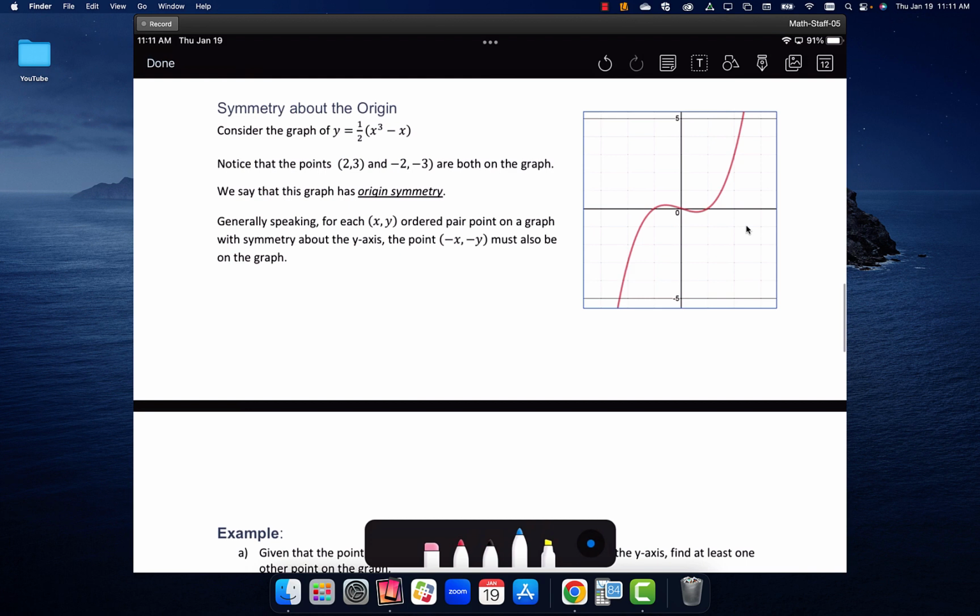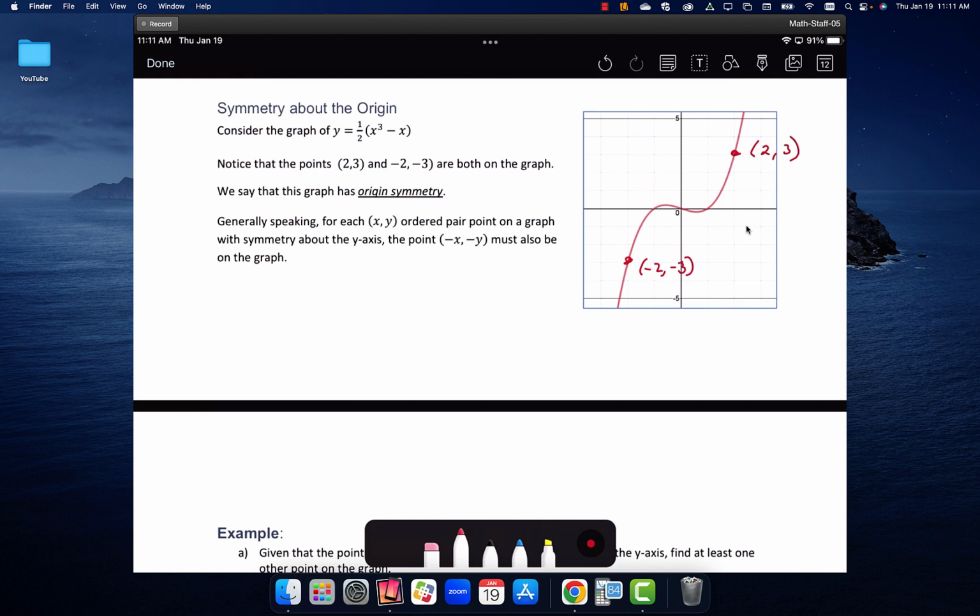And then finally, symmetry about the origin. Let's look at this graph and make note of the points 2, 3 here, and also -2, -3. This one's a little bit harder to envision.